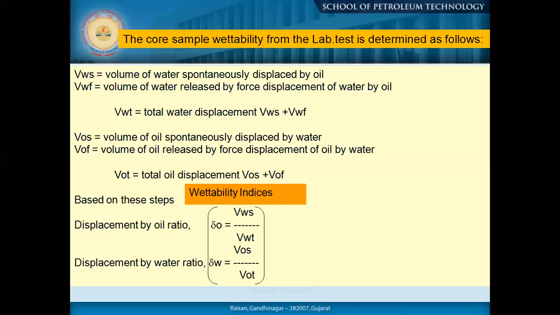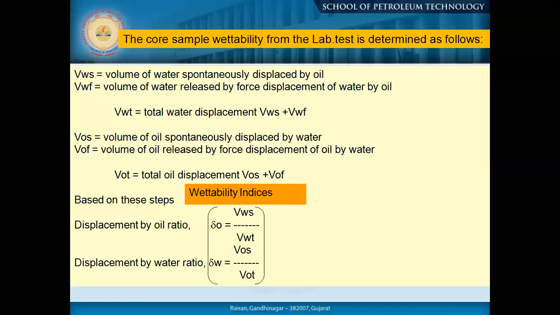What is the meaning of it? Is it water wet or oil wet? It is an oil wet rock, because the oil prefers to stay inside the core plug itself. No oil is coming out. That means it is an oil wet rock.